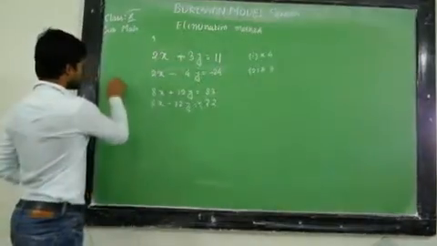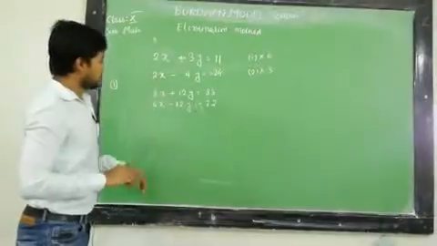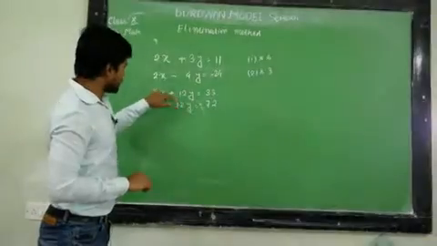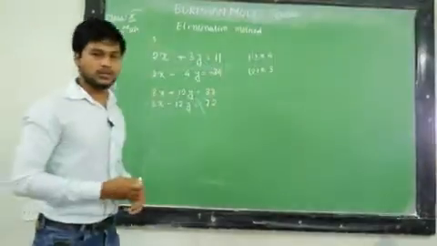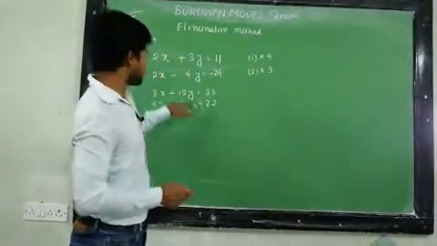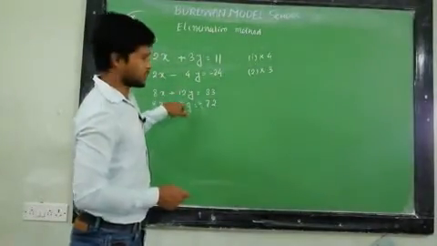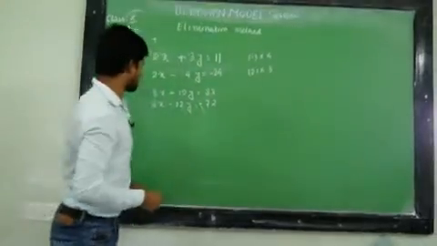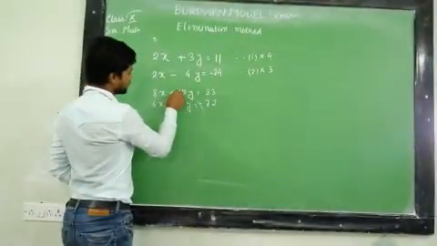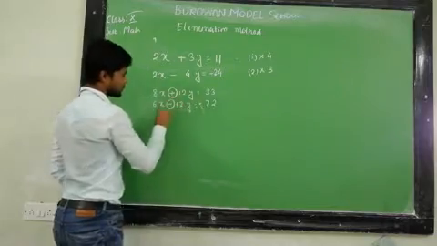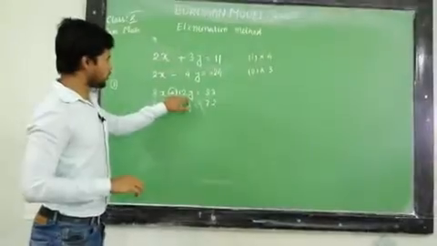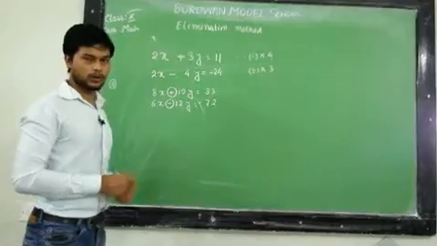Step 1: multiply equation number 1 and equation number 2 by two different numbers such that the coefficient of one variable is the same. Step number 2: look at the sign of this term and this term. It is plus 12y and this is minus 12y.